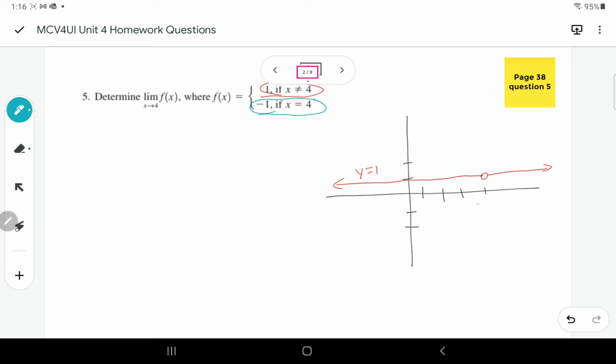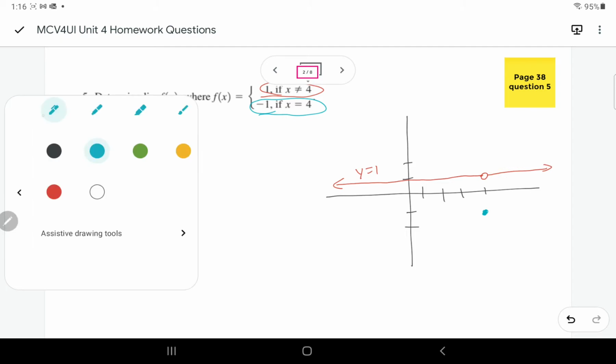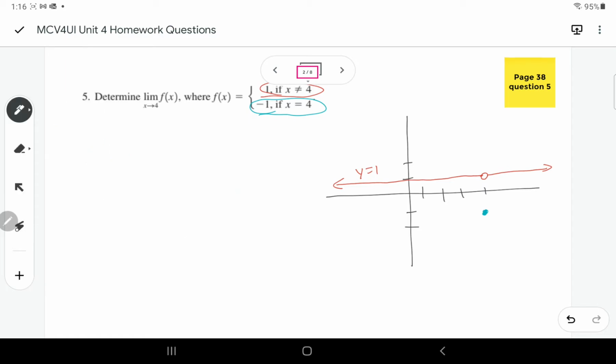And if x does equal 4, we have just a point at -1. So the y value is equal to -1 if x does equal 4. If we look at this on the graph, we see that as you're getting closer and closer to 4 from either side, the limit is actually just going to be 1.